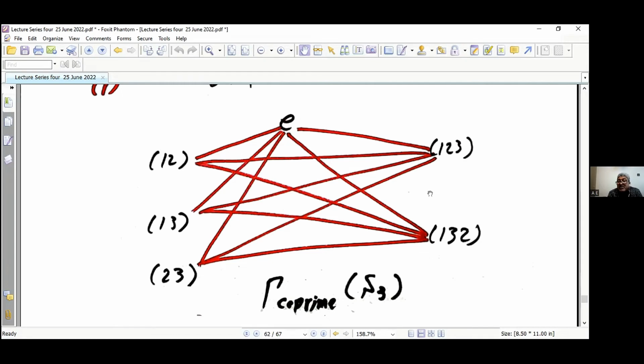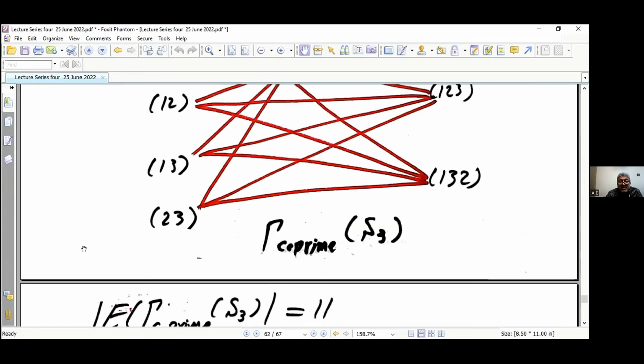Similarly, we don't have any edge between (1 2 3) and (1 3 2) because they are also not coprime. The greatest common divisor of, for example, the orders of (1 2 3) and (1 3 2) is 3. But we have an edge between any element of order 2 and any element of order 3. So this is the coprime graph of S3.